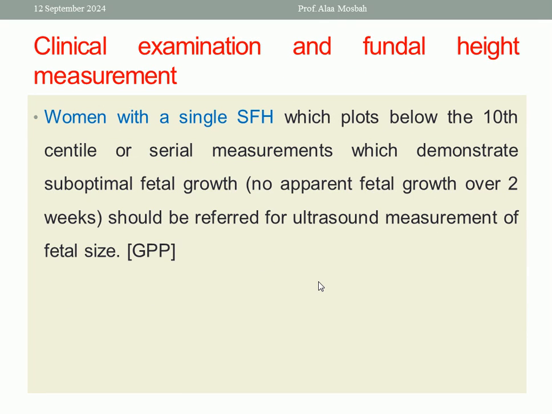Women with a single symphysis fundal height which plots below the 10th centile, or serial measurements which demonstrate suboptimal fetal growth, should be referred for ultrasound measurement of fetal size.